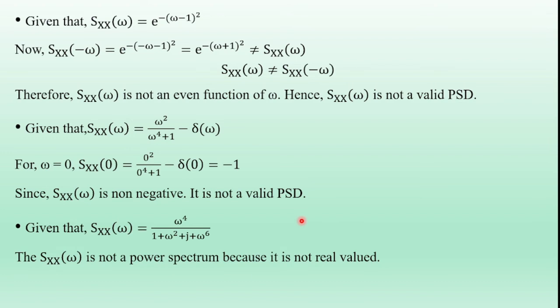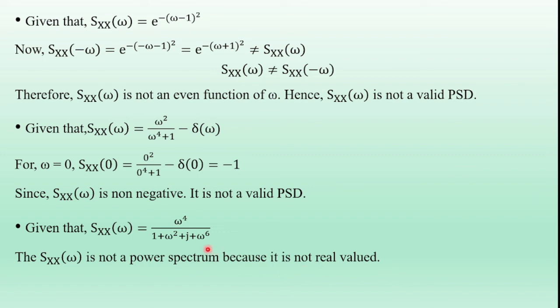And fourth bit solution. Given that the power spectral density is omega power 4 by 1 plus omega square plus j plus omega power 6. Using one of the properties of the power spectral density, the power spectral density is a real valued function. So here, from the given data, the power spectral density is not a power spectrum because it is not real valued.